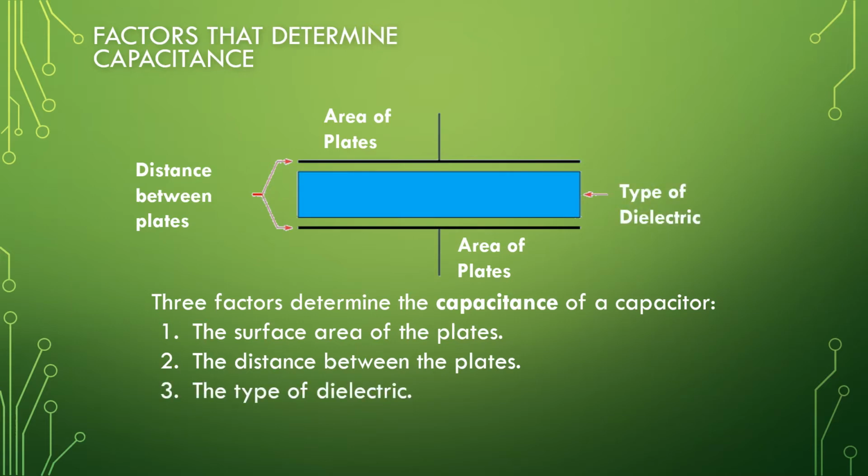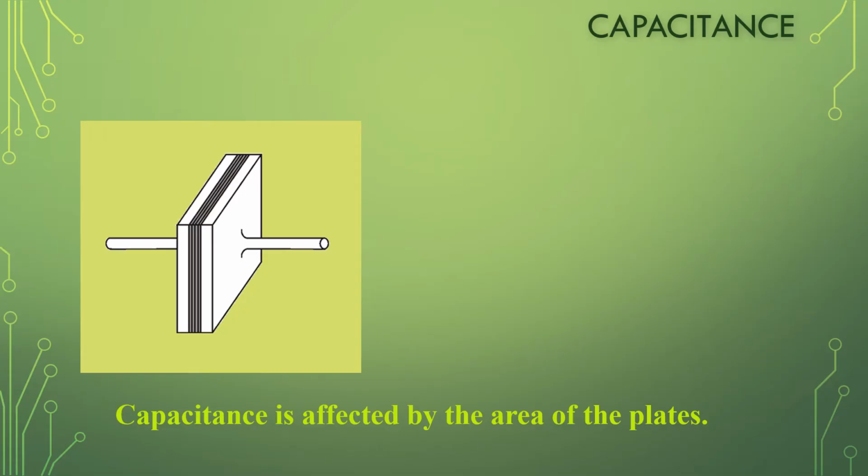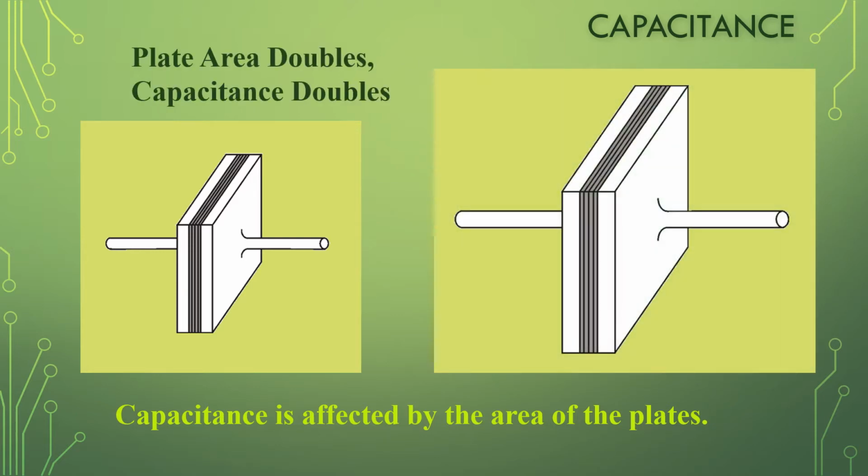The third main factor for determining capacitance is the type of dielectric material. Dielectric materials also help determine the voltage rating of the capacitor. Again, capacitors store charge, so the larger the surface area, the more charge we can store.